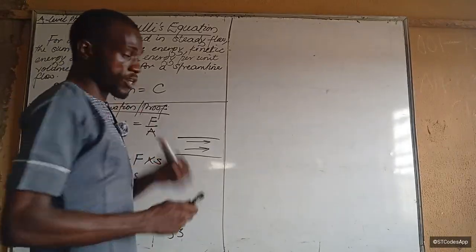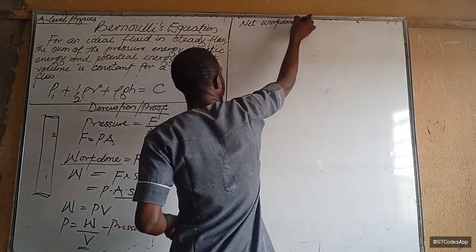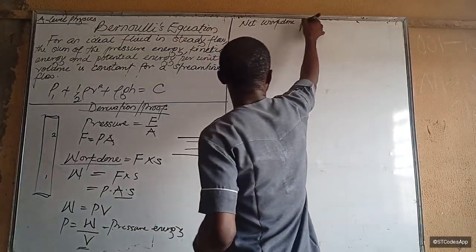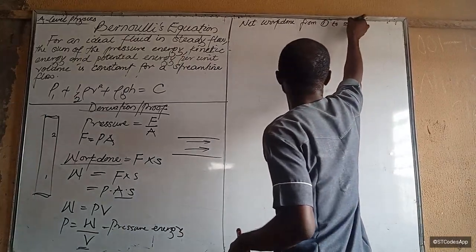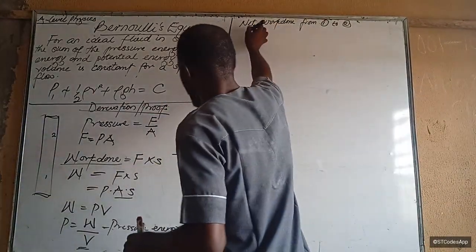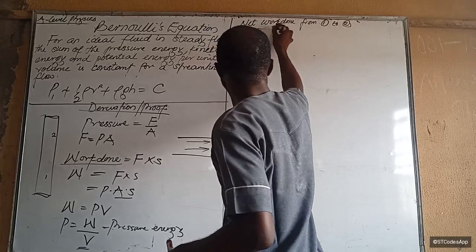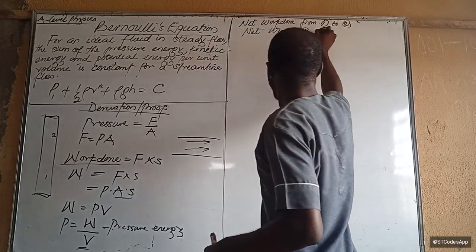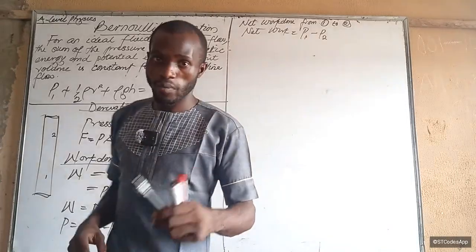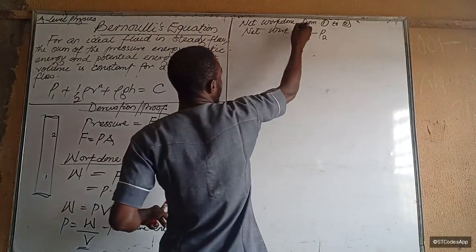So the net work done in moving from point 1 to point 2 in our fluid, in our tube, is going to be given by P1 minus P2. Is this clear? Net work is going to be what? P1 minus P2. That's net, right? Subtraction. All right. So that is this side of the equation.